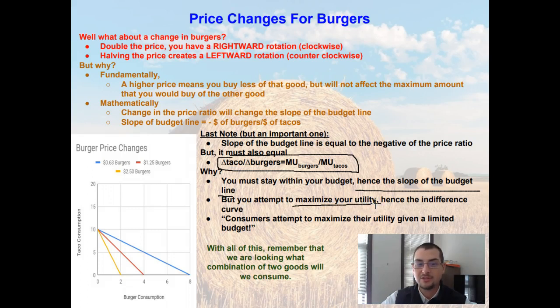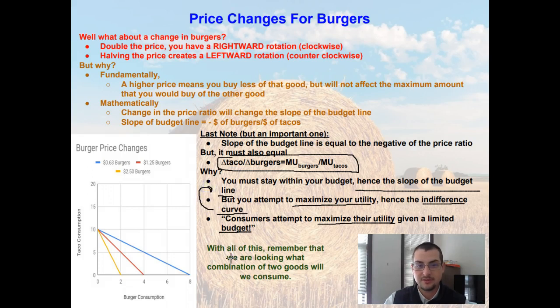Remember, that utility maximization is determined in the indifference curve. So that leads back to that fundamental concept that we've said several times throughout all these videos: consumers attempt to maximize their utility given a limited budget. And that's tying both of those together.